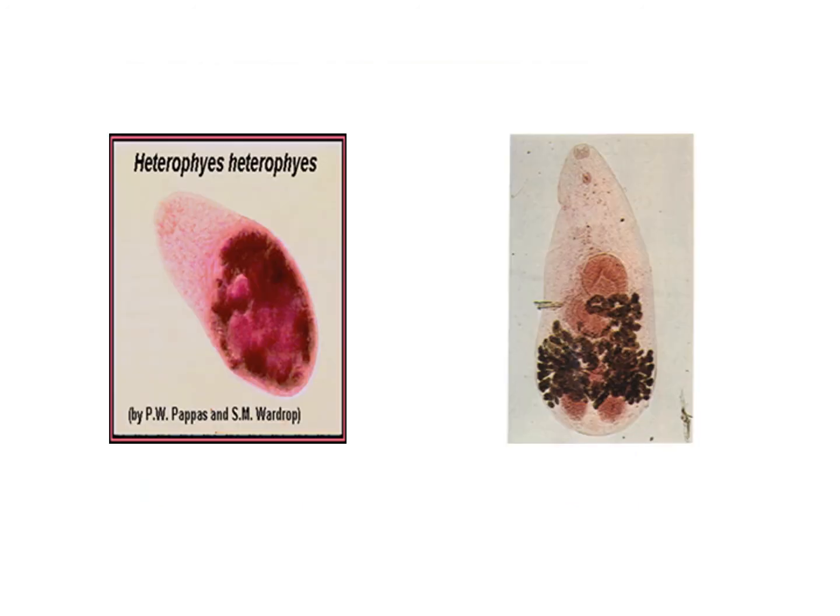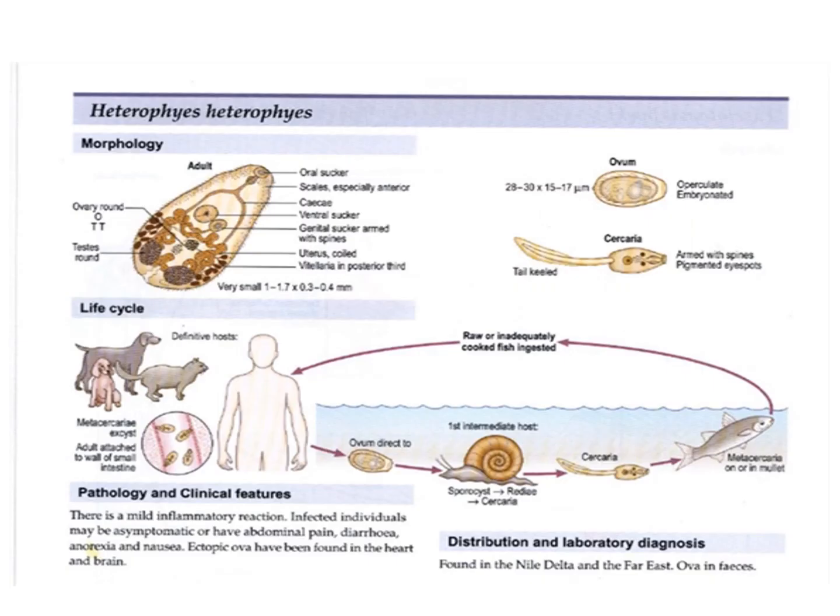Next slide. Also here we can see the stained slide of this pathogenic parasite, both left and right. Next slide. Now about the morphology, life cycle, pathology, clinical features, distribution, and laboratory diagnosis.